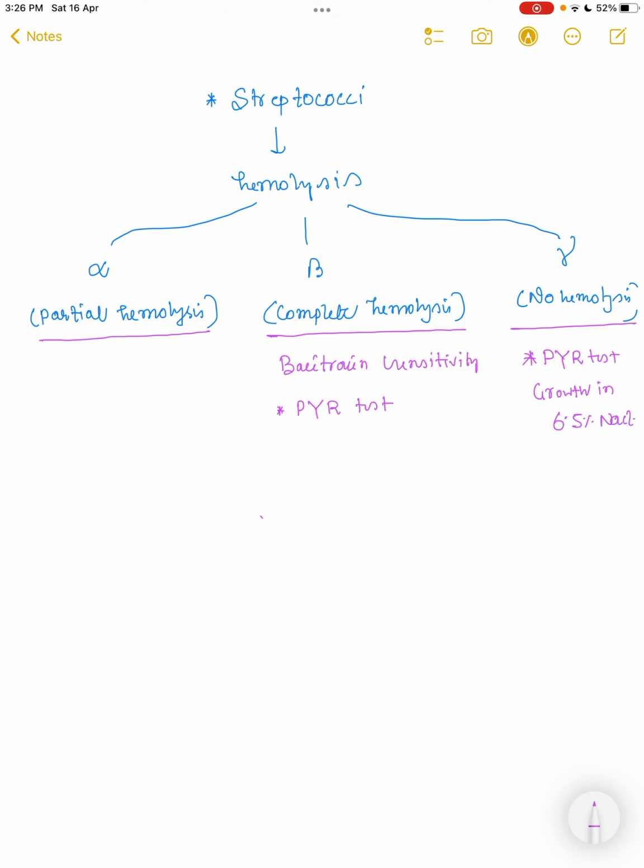And the remaining, in case of alpha hemolytic, is bile solubility, and I think many of you know bile solubility is the test for Streptococcus pneumoniae. Bile solubility testing, and the remaining is obviously optochin, because there is a lot of confusion in everyone regarding this optochin sensitivity.